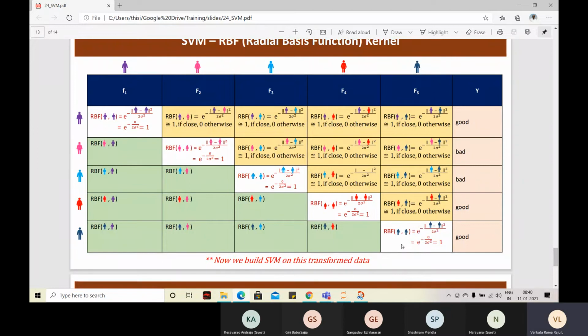Okay, if two records are very far, what will happen? Suppose the first person and second person are too far. What will happen? In the numerator, you will get a big number, right? And the e power of the minus Euclidean distance square is going to involve a big number. Do you agree? Am I going fast?